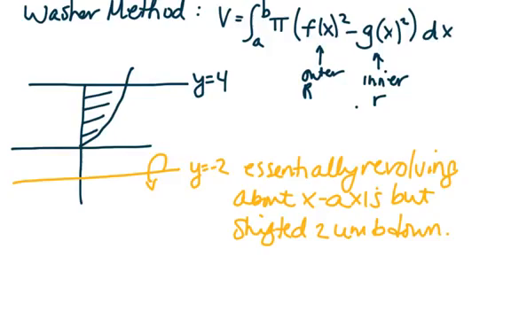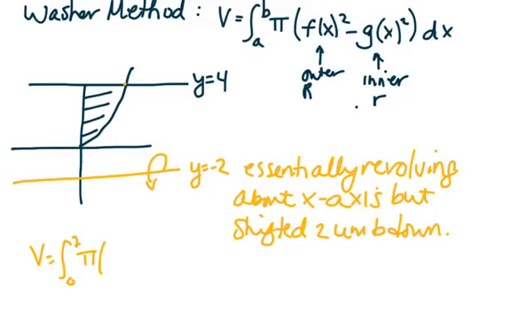So let's go back and return to the volume using the washer method. We're going to integrate from x equals 0 to x equals 2, and the formula needs the outer and inner radii.